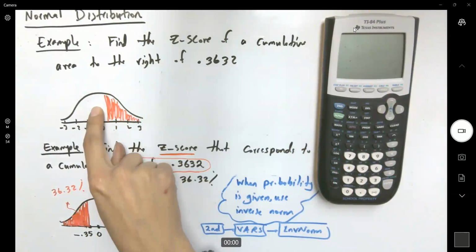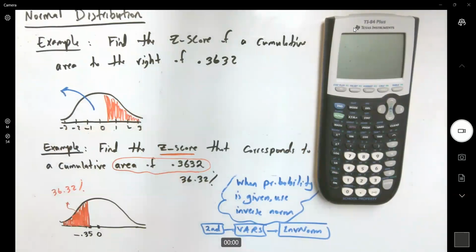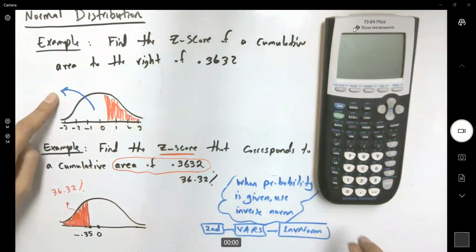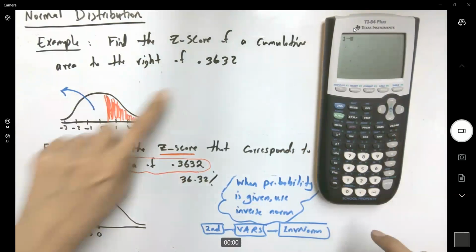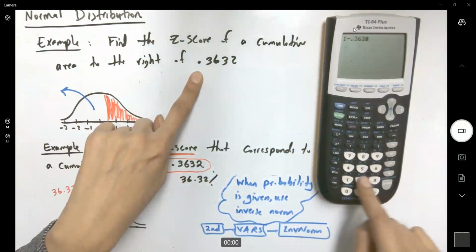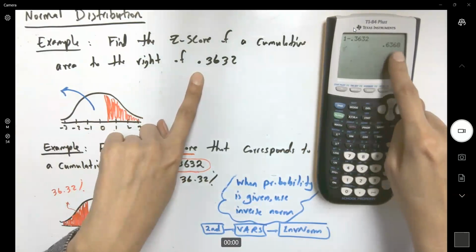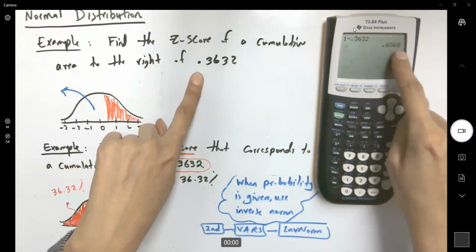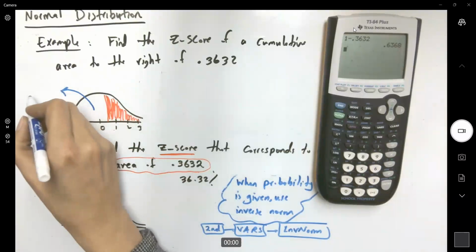What is the area on the left? You need to find this area first. The area to the left. It is, well, 100% or 1 minus 0.3632. This area is 0.6368 or 63.68%.